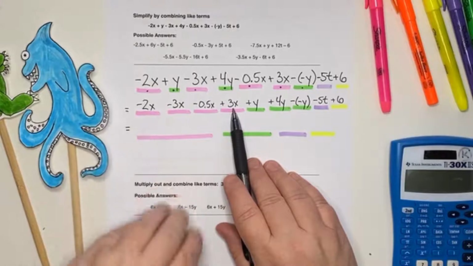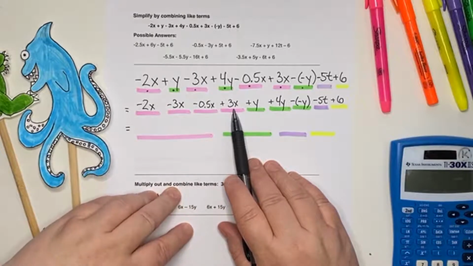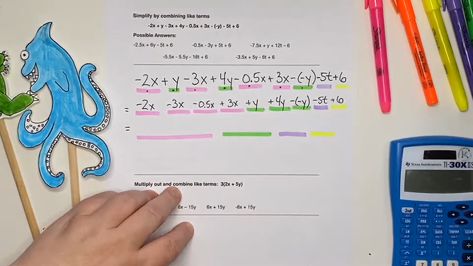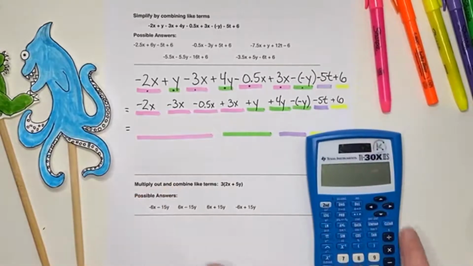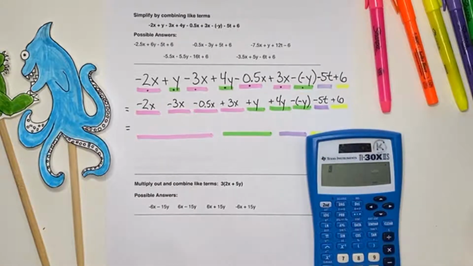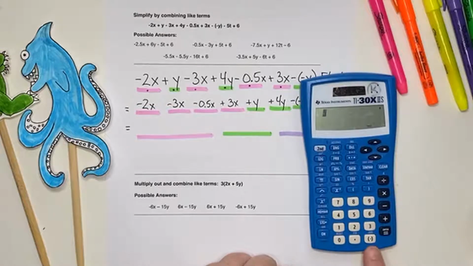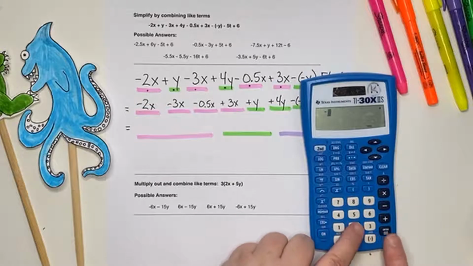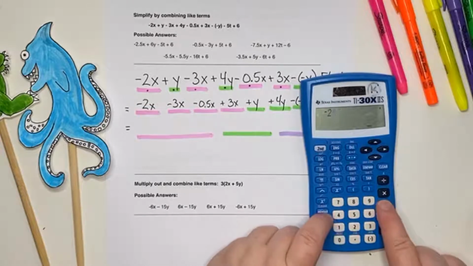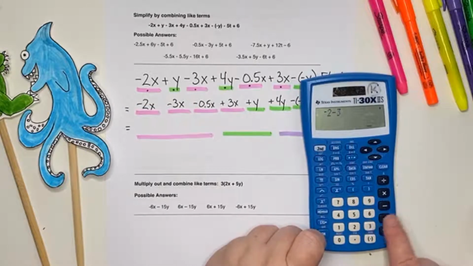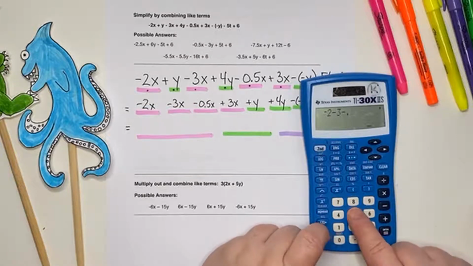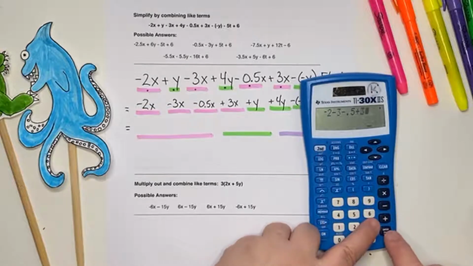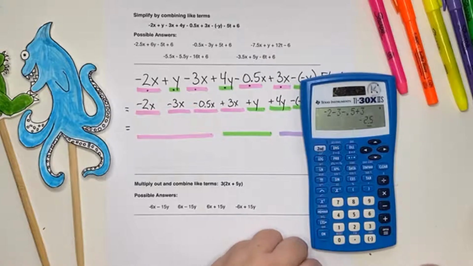Plus 3, oh my goodness. I may do this on the calculator if I'm not sure. So I can do it here. Remember on the calculator, you can, oops, so you can't see it. There's your, so negative 2 minus 3 minus 0.5 plus 3 equals negative 2.5.